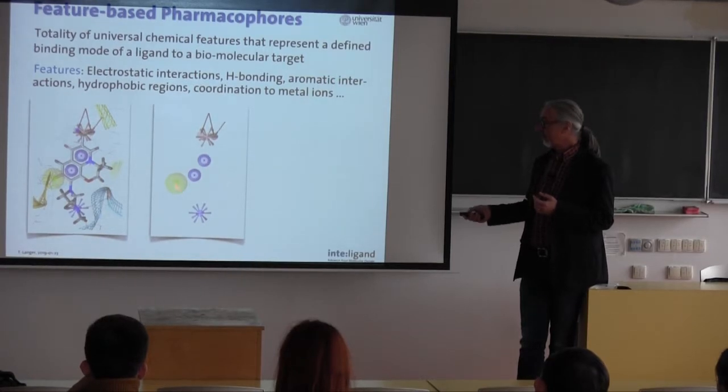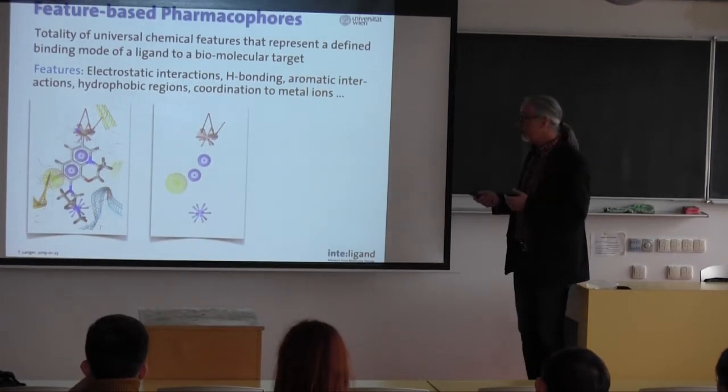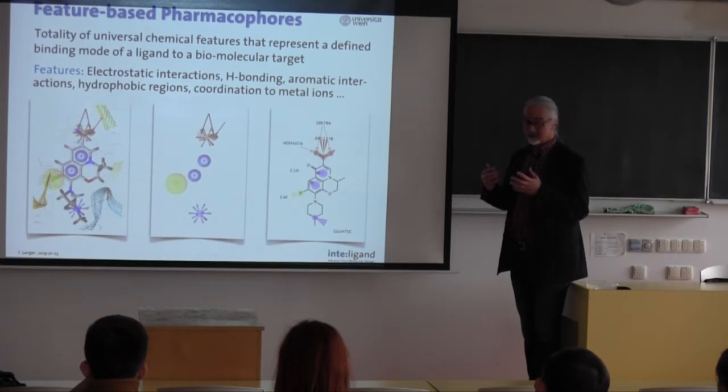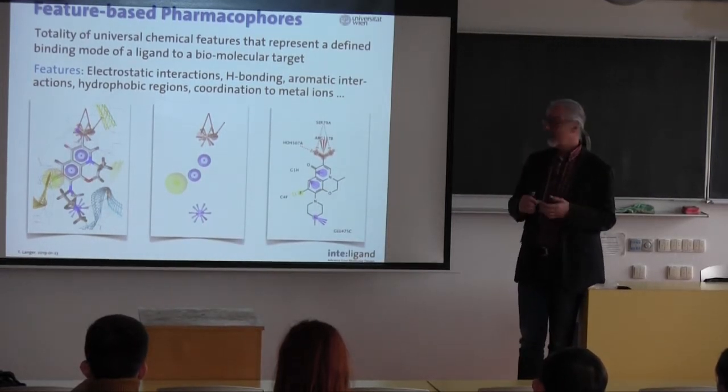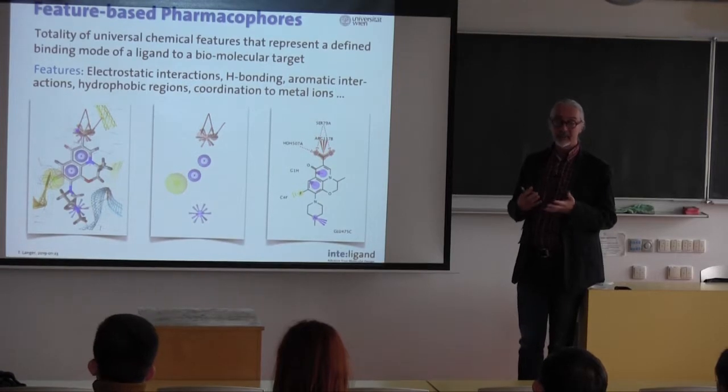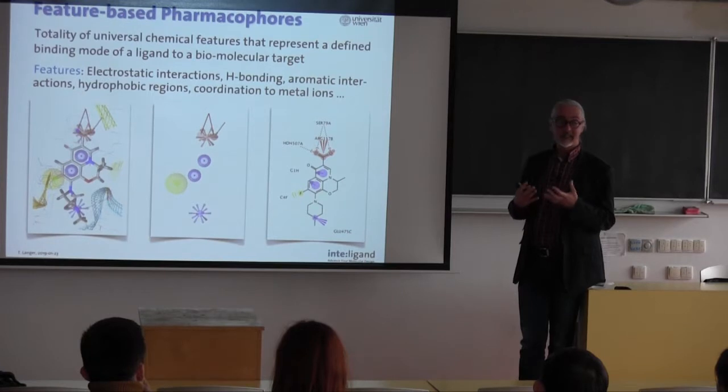You can store them in three-dimensional space, and for communication you can even flatten them down into a two-dimensional description where people can talk to each other. It's very useful, especially in drug discovery, because drug discovery is not a single-person effort anymore, but teamwork.